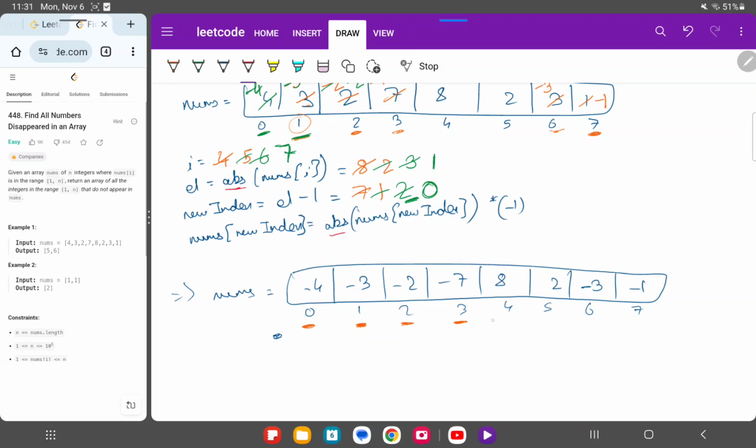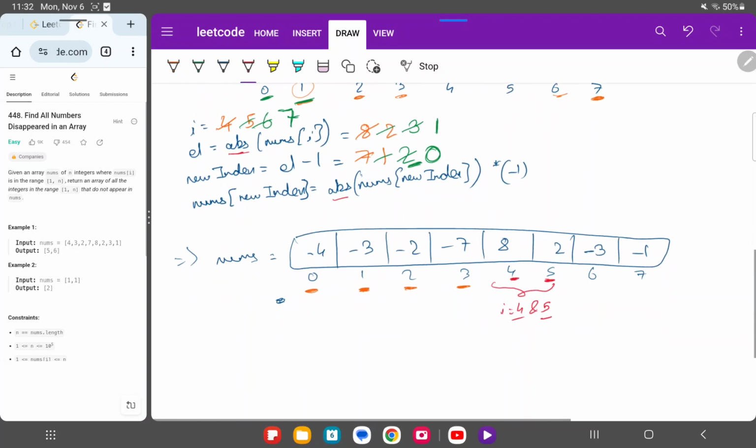But these two, i equals 4 and 5, their values are still positive. So that means we never made any changes to the values at these places. That means we never encountered them in our array. Not the values 8 and 2, but the values at these indexes. What would have been the element to get these indexes?